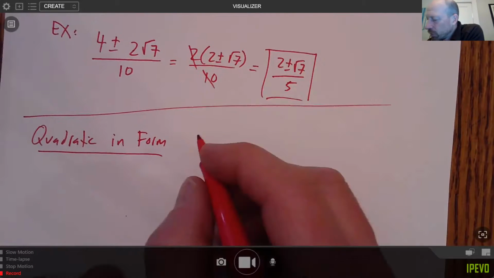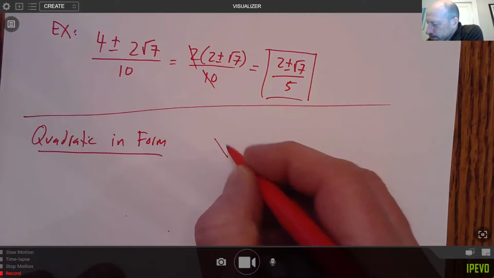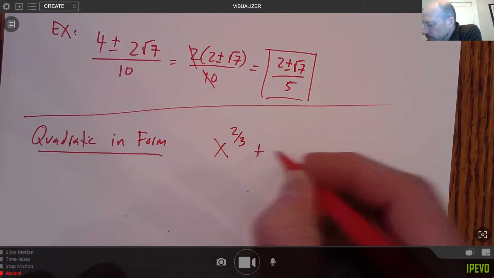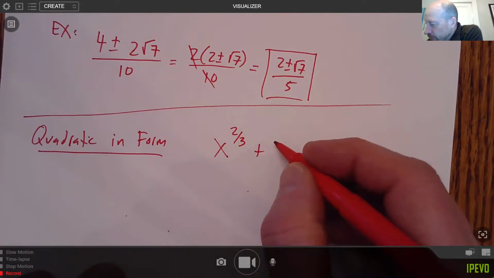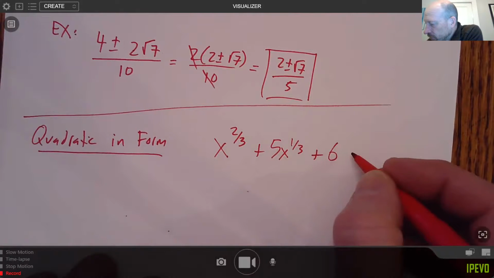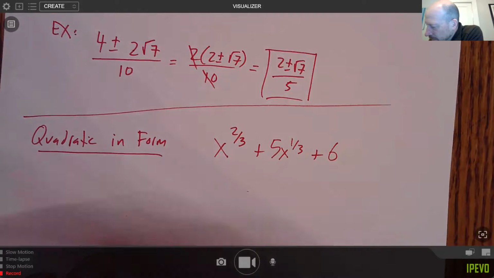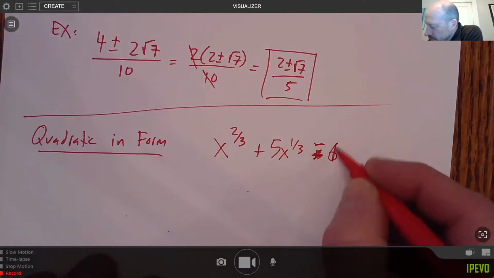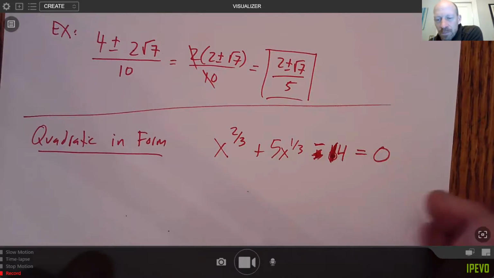So one example is x to the 2/3 plus, say, 5x to the 1/3 plus 6. Let me make that minus. Sorry, messy.